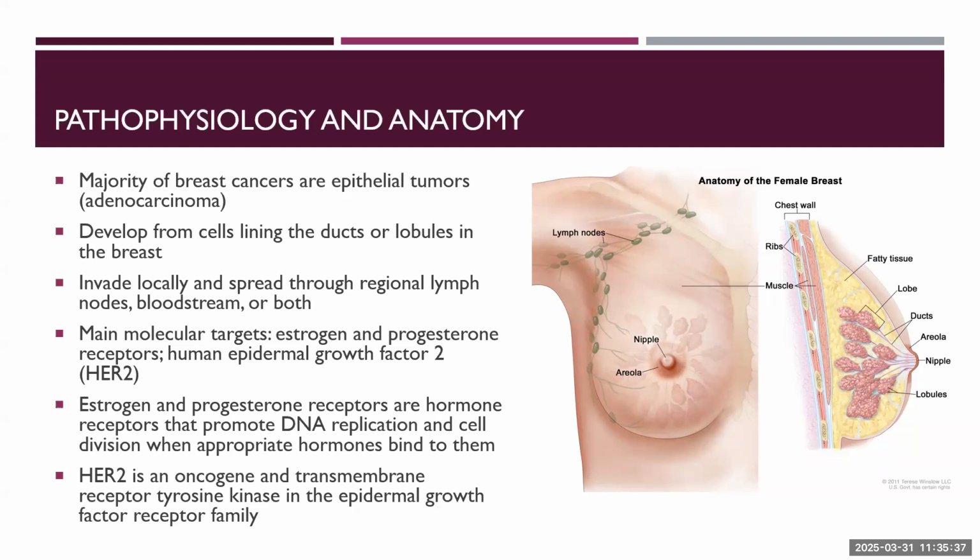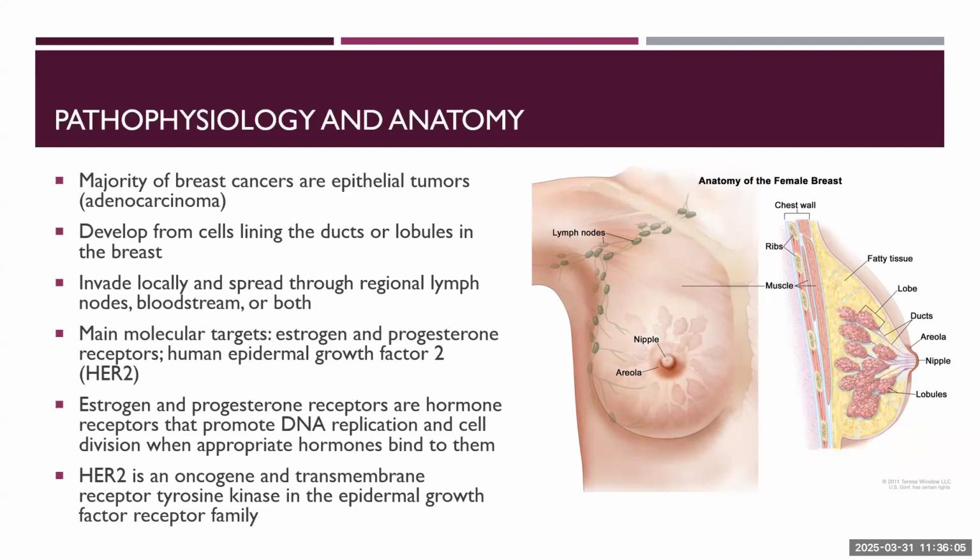It's important, the main molecular targets are estrogen and progesterone receptors, and also human epidermal growth factor receptor 2, or HER2. Estrogen and progesterone receptors are hormone receptors that promote DNA replication and cell division when the appropriate hormones bind to them. Estrogen receptors are expressed in approximately 70% of invasive breast cancers, so it's very common.